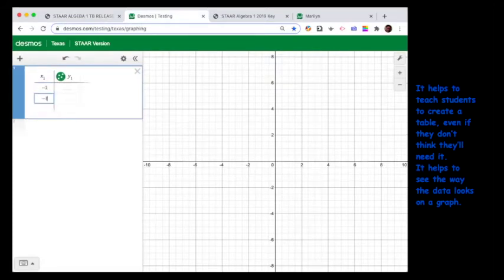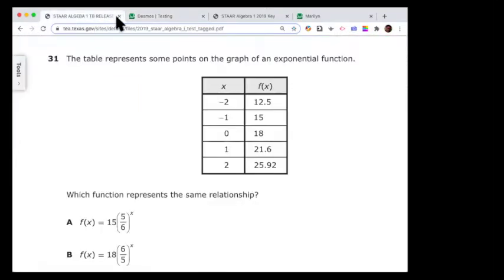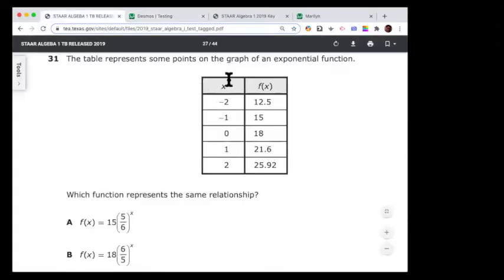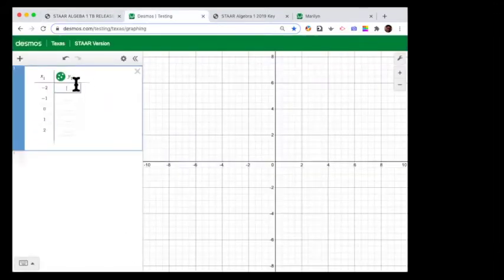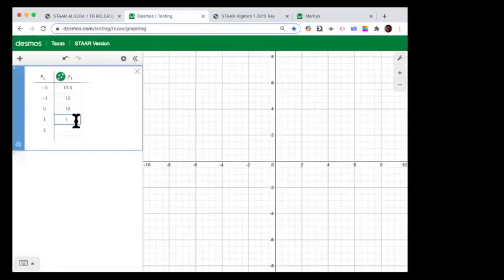And then the y column is 12.5, 15, 18. Careful how you enter them in. And 21.6. And 25.92.